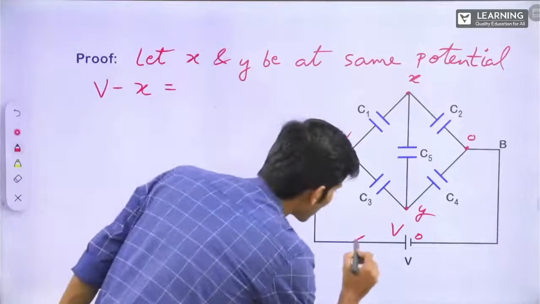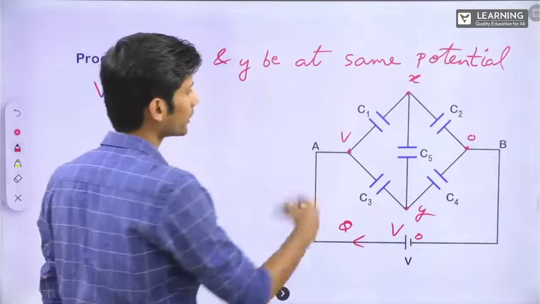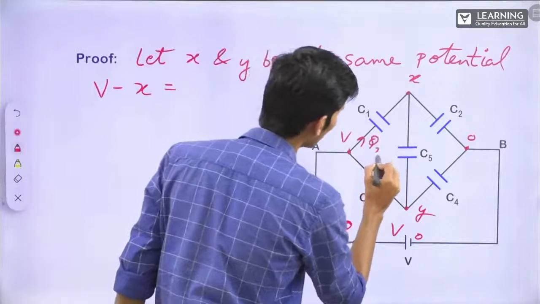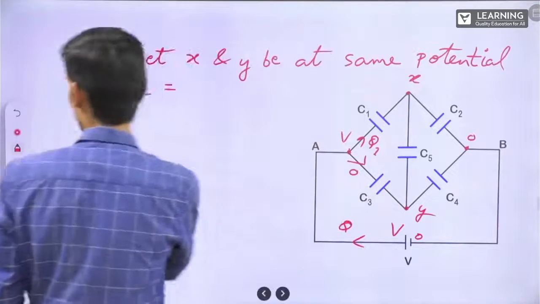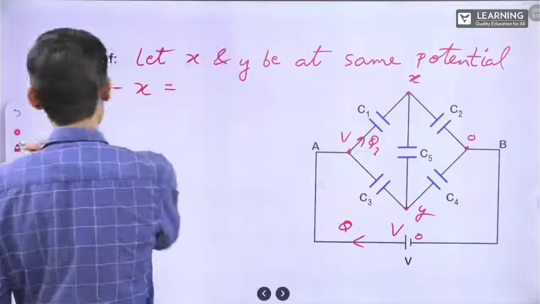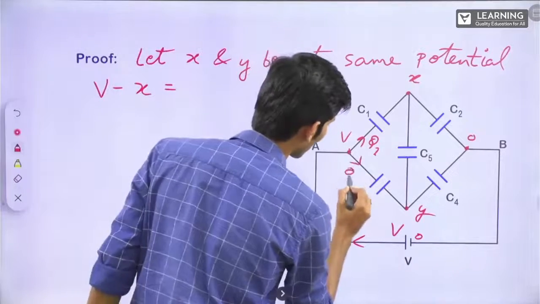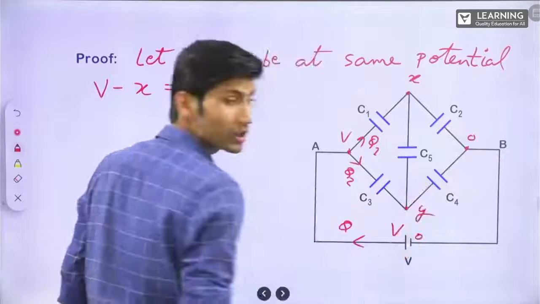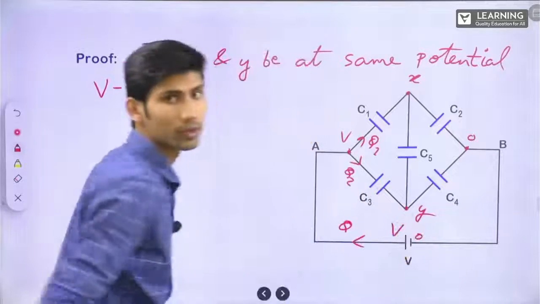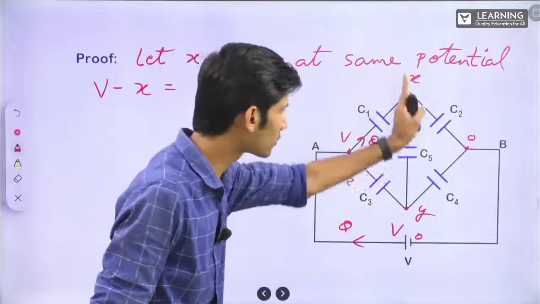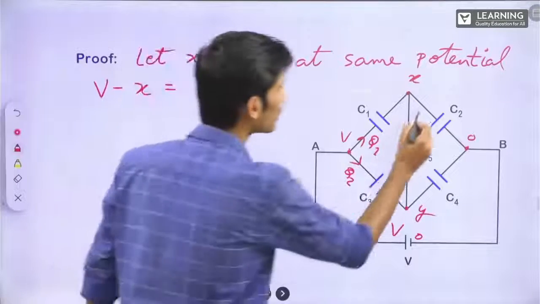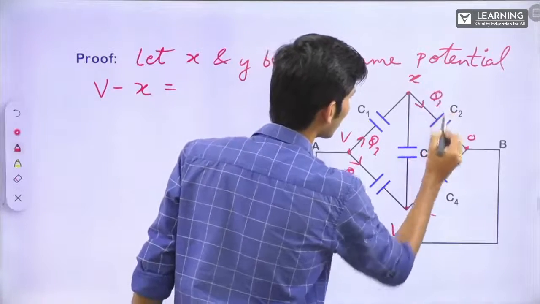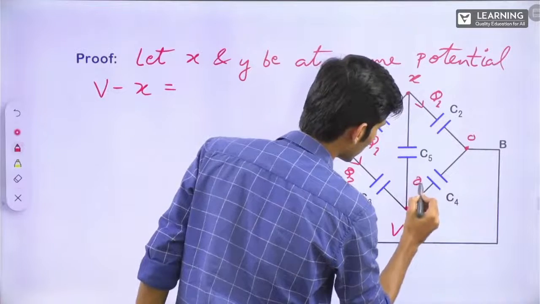Let's say Q amount of charge is going here. Now the charge will distribute as Q1 and Q2, the same way current distributes. That means in this entire arm Q1 is flowing, in this entire arm Q2 is flowing. We have already considered that the charge is not flowing in this. Here also Q1 is going, here also Q2 is going.